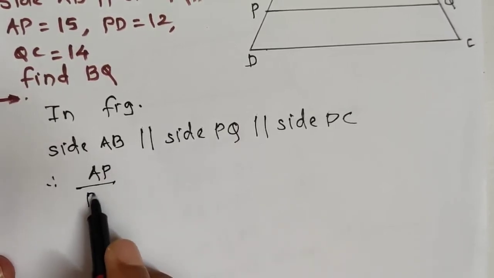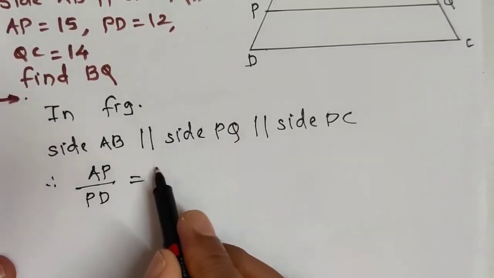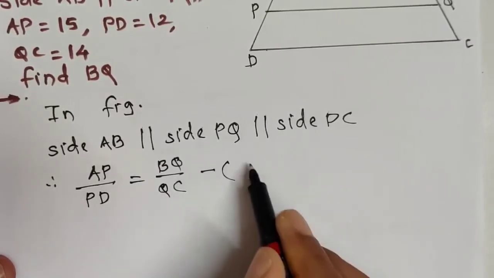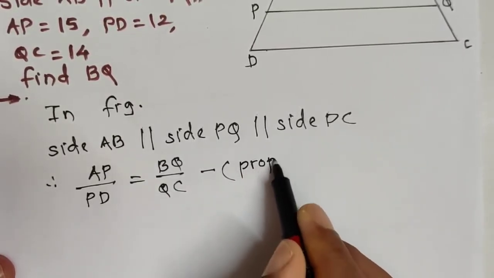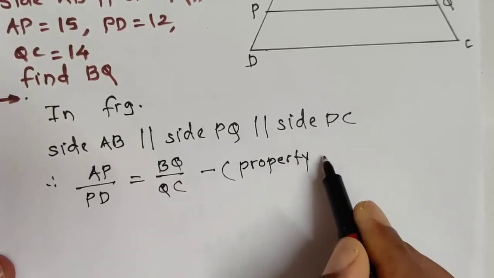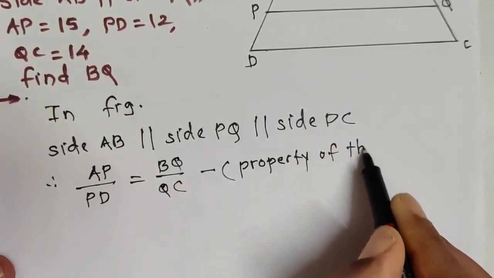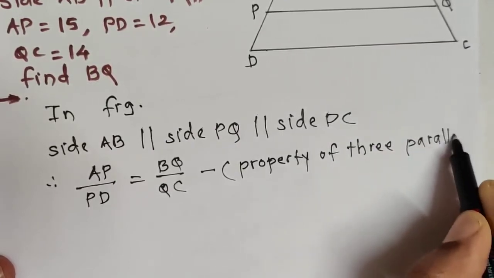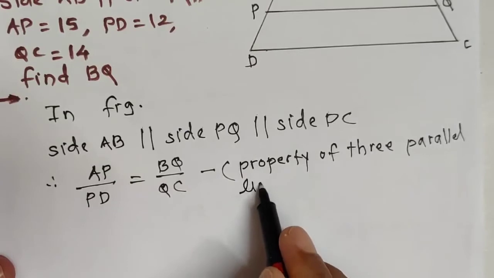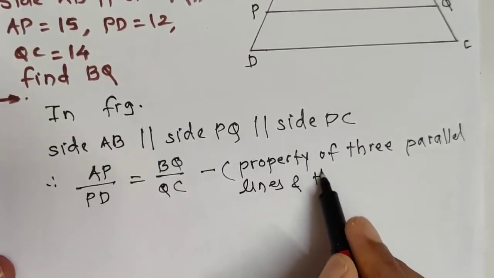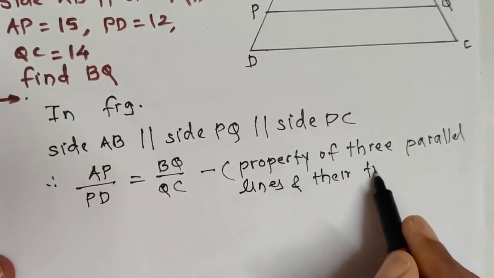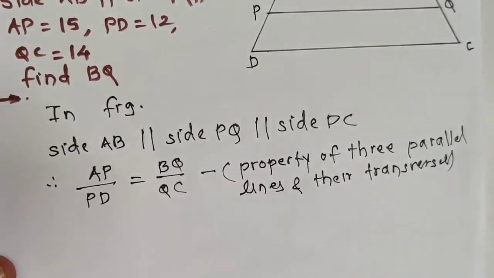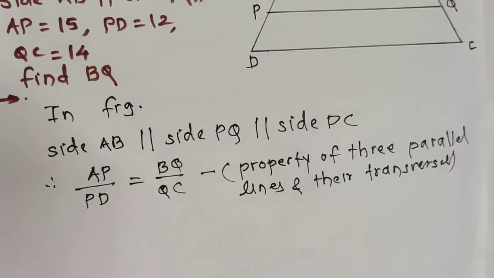AP upon PD is equal to BQ upon QC, and write the reason: property of three parallel lines and their transversal. So this is the property of the three parallel lines and their transversal.